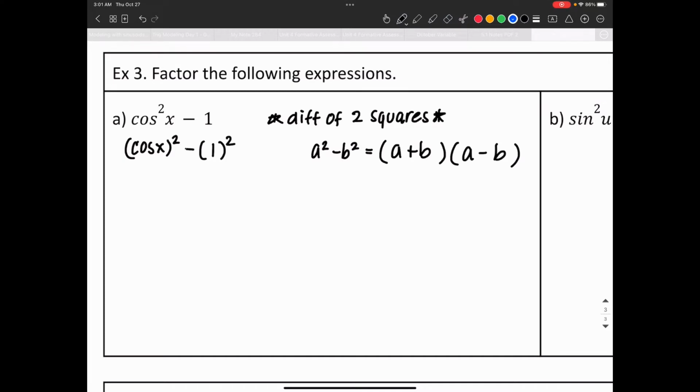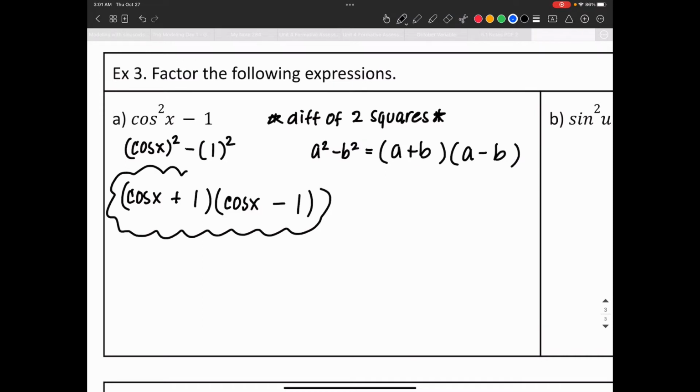I can break this down into two things, with cosine of x being the first thing in each parentheses and 1 being the second thing, with a plus in one and subtraction in the other. And this would be my answer for factoring.